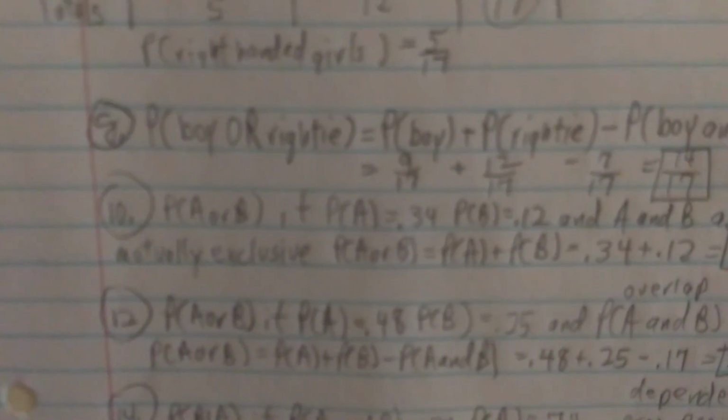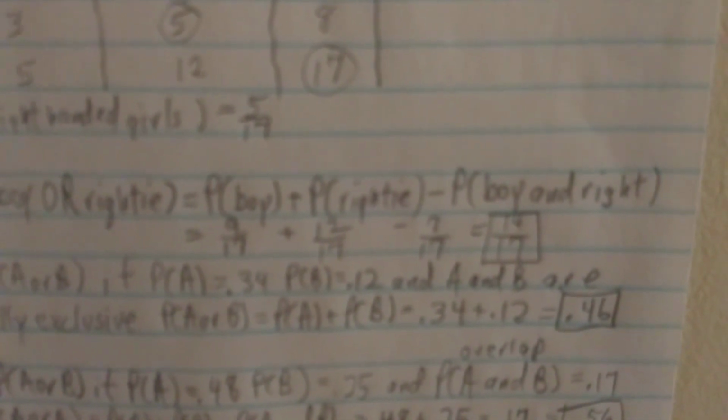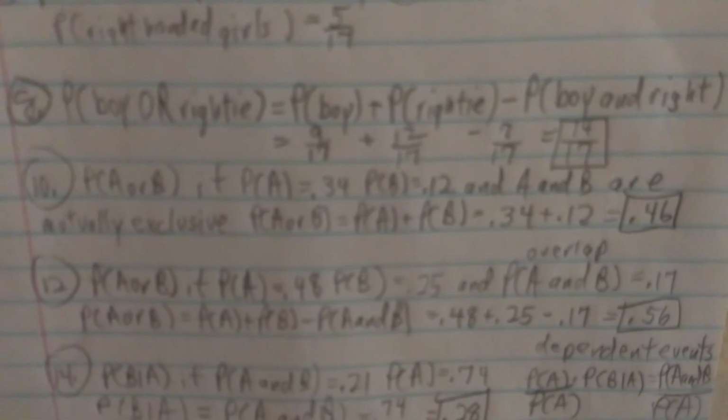Now, problem 8 is the probability of a boy or a righty, which would be the probability of boy plus the probability of a righty minus the probability of a boy and a righty. The probability of being a boy, as we saw from our table, was 9 over 17, the probability of being right-handed was 12 over 17, and the number of boys that are right-handed is 7 over 17, and that's what we would subtract.